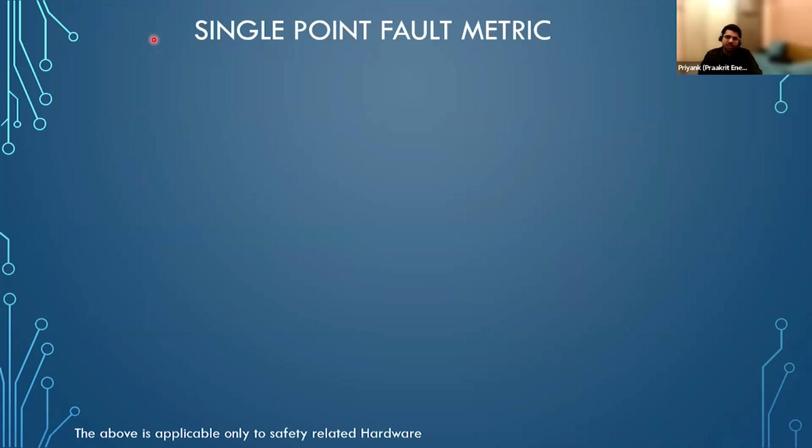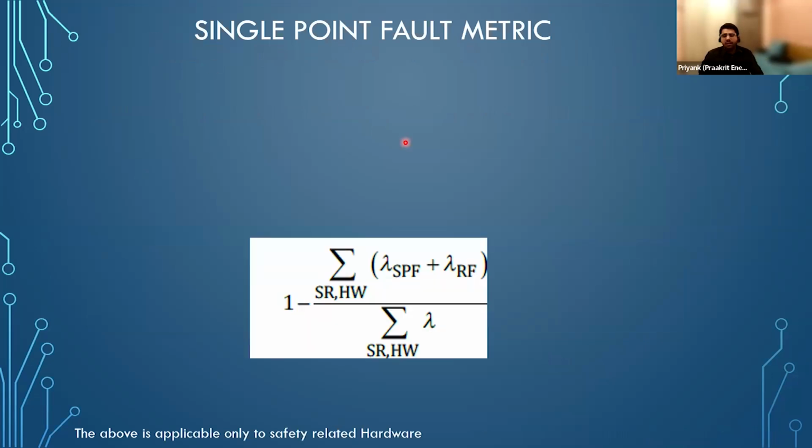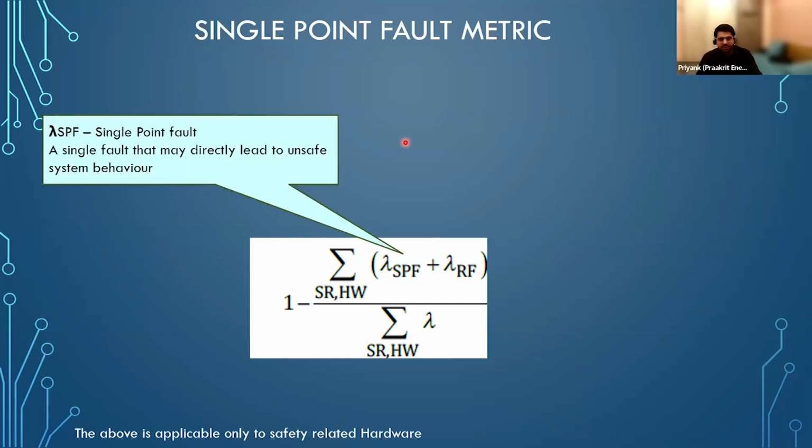Let's begin with the single point fault metric. The ISO shows a very complex formula. This is not the most complex formula out there, but the estimation for SPFM is by this formula. What do these numbers mean?